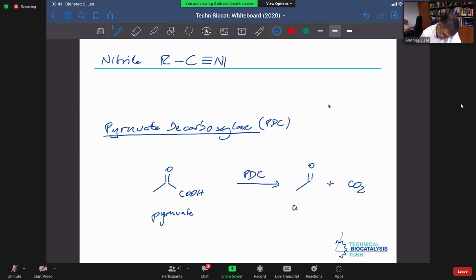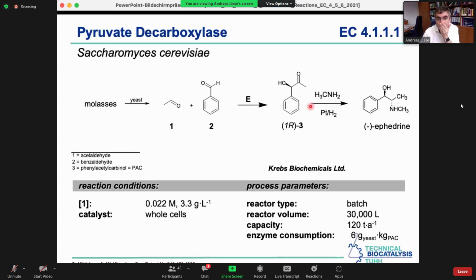And let's see where the name comes from. Carbon dioxide. Therefore, it's pyruvate and decarboxylase. That's a function in a cell. Moving back to our transparencies.